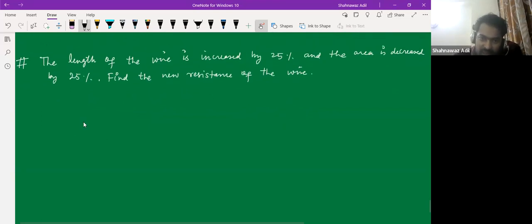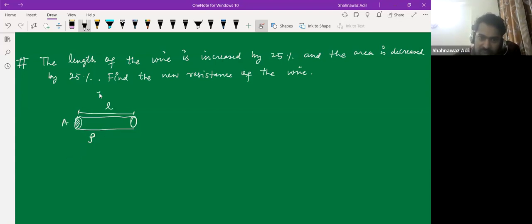Right. So initially, let's say that we had this wire. It had some area of cross section, and it had some length. And the resistivity of this material is rho.